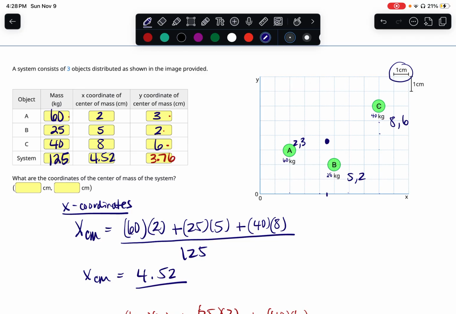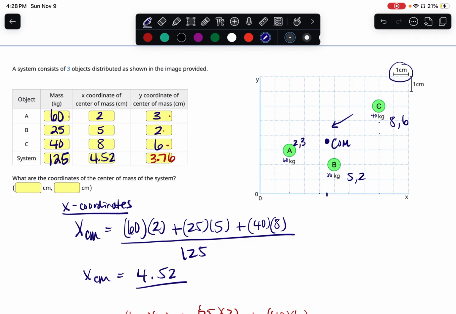So if I think about that, this is 40 for C. A and B together are quite a bit heavier than 40 is. So that makes sense that the center of mass of the system would be shifted towards A and B and closer over there, because this is 85, and this is about 2/3 of the way along.